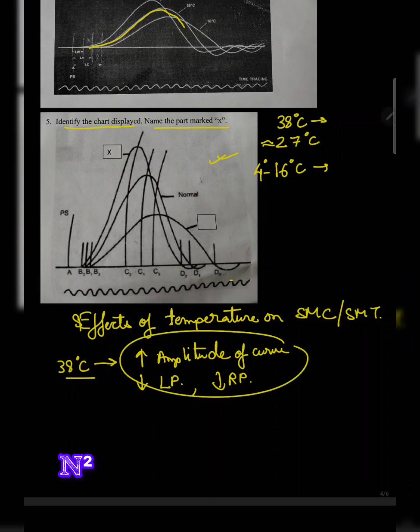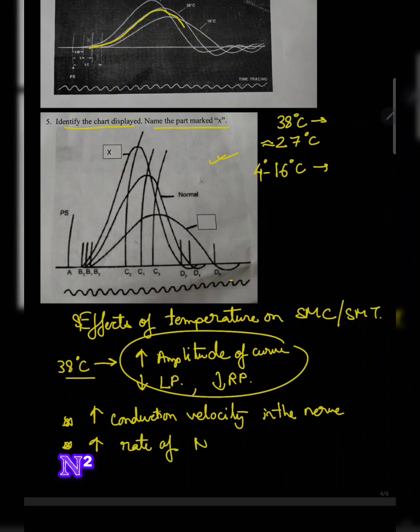The reasons for these are an increase in conduction velocity in the nerve. When the temperature is higher, the conduction velocity in the nerve increases. Similarly, there will be an increase in the rate of neuromuscular transmission.